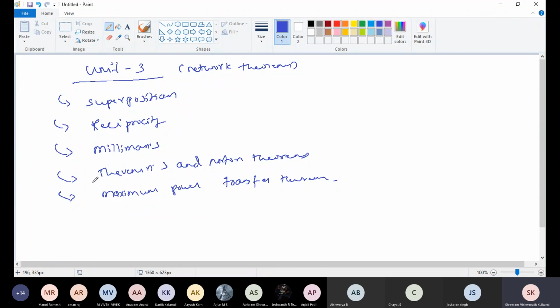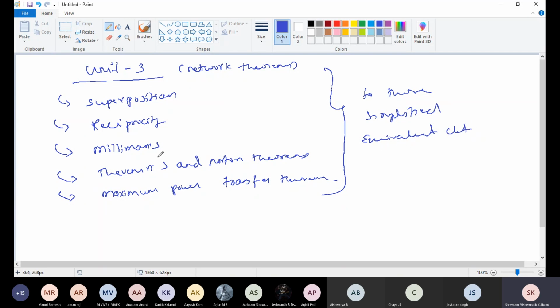Now, in the last topics, Unit 1 and Unit 2, we have seen the different methods of AC and DC circuit analysis. We know how to simplify the given networks. Now we are going to apply these theorems to those simplified, or equivalent, circuits.